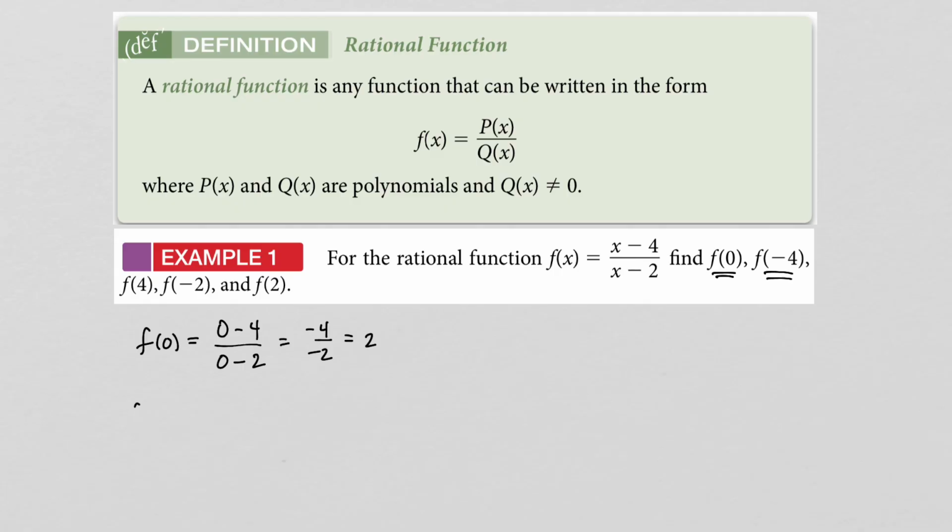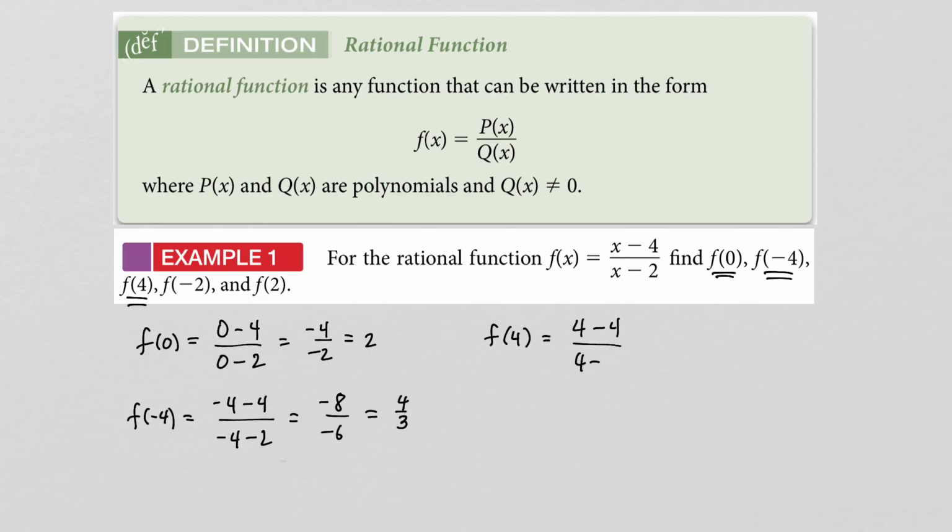F of negative 4, same idea. We have negative 4 minus 4 divided by negative 4 minus 2. This is negative 8 divided by negative 6, which simplifies and reduces to positive 4/3. F of positive 4, similar. We're going to have 4 minus 4 divided by 4 minus 2.